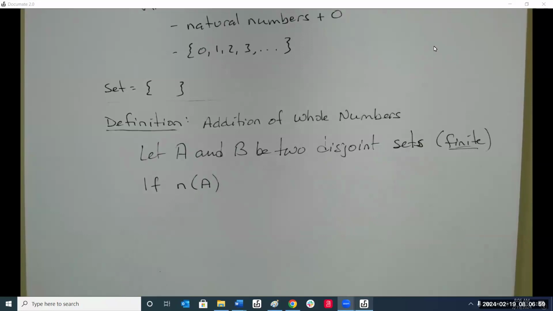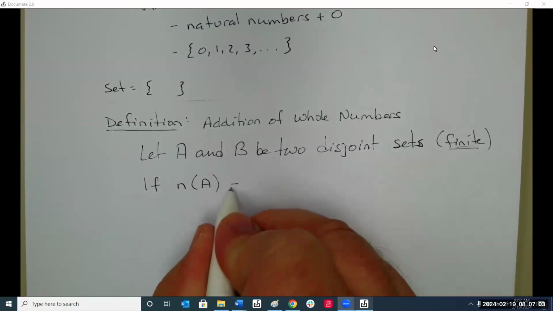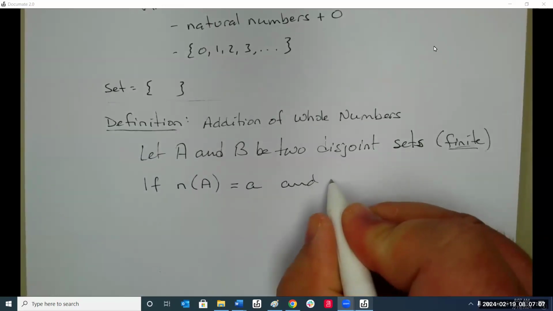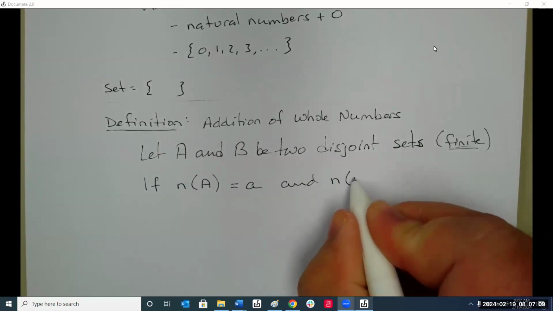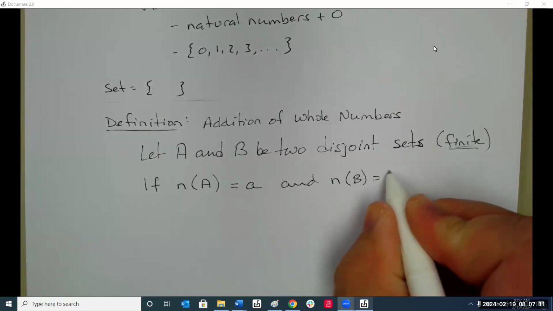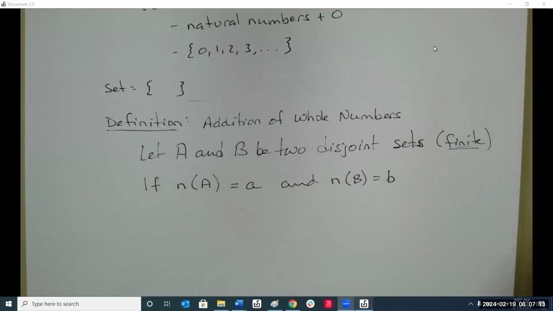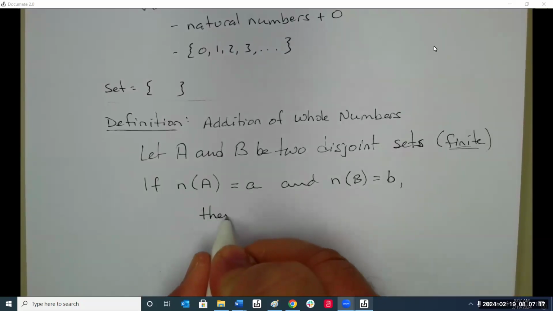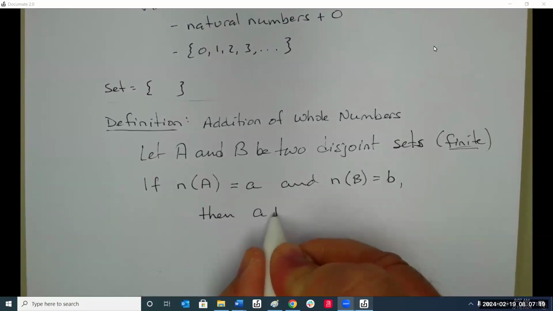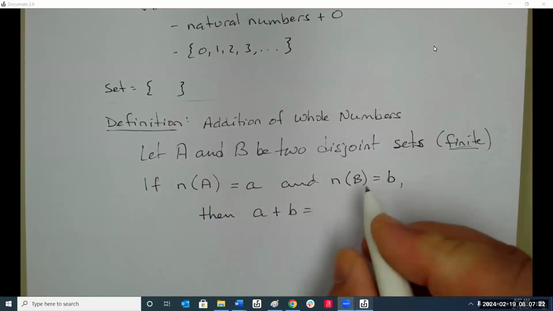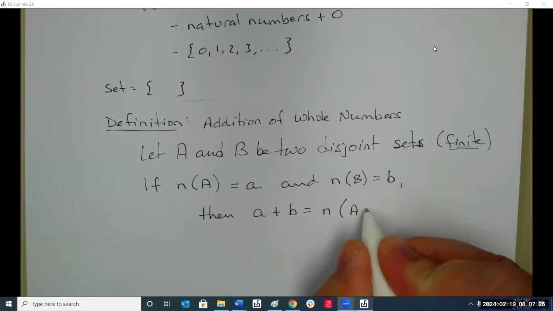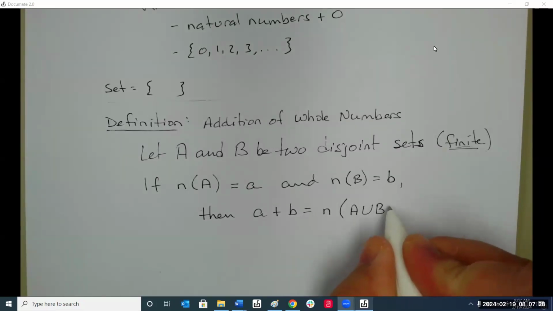If the cardinality of A is equal to little a, and the cardinality of B is little b, then a plus b is equal to the cardinality of the union of those two sets.